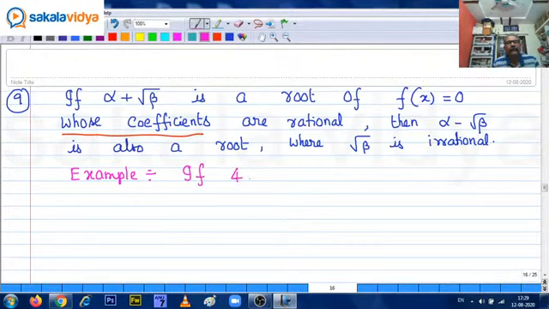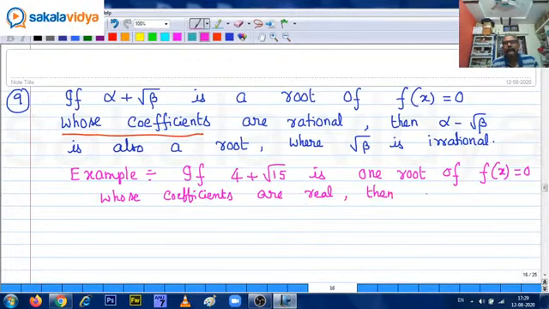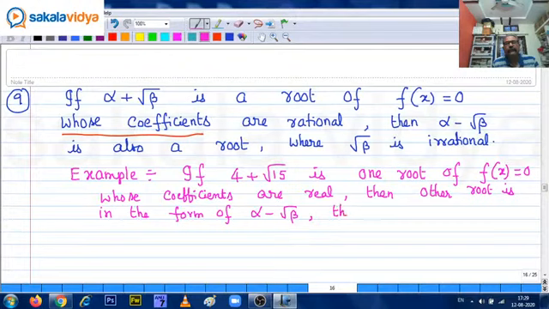If 4 plus root 15 is one root of f of x equals 0 whose coefficients are rational, real, no problem, then the other root is in the form of alpha minus root beta, then alpha square minus beta square equals what?